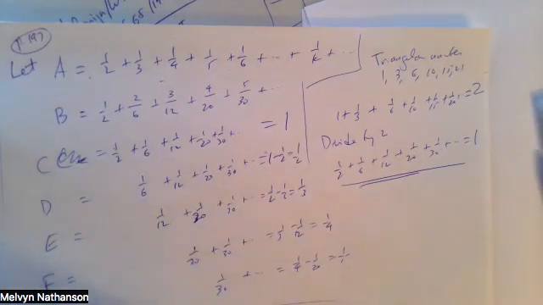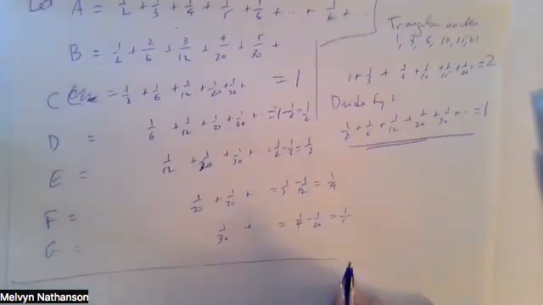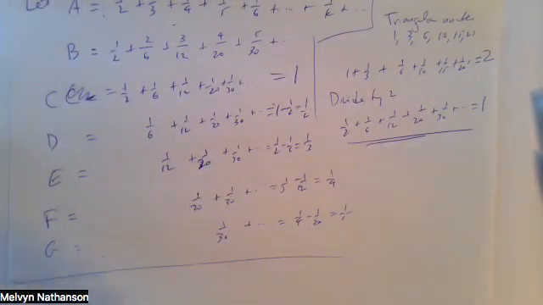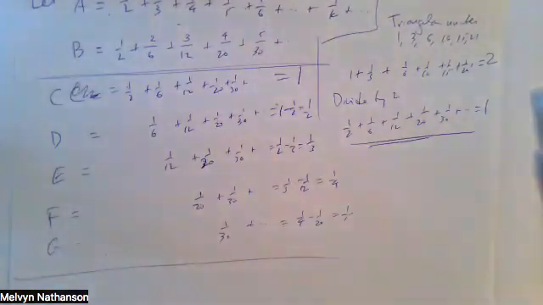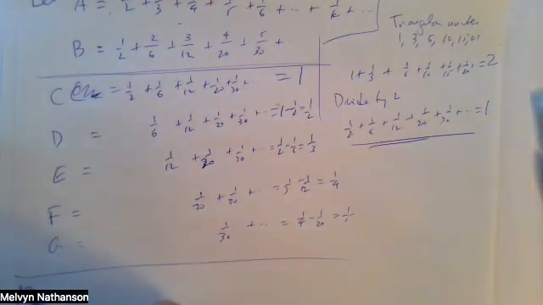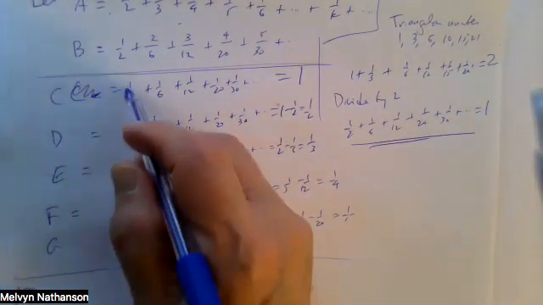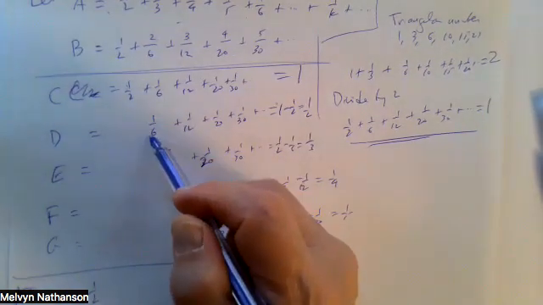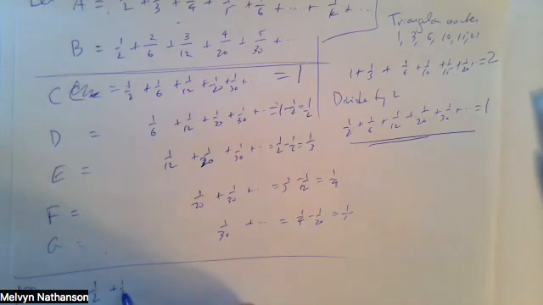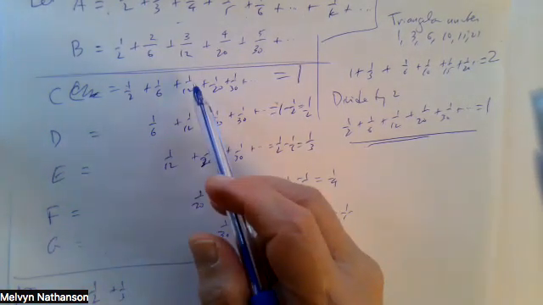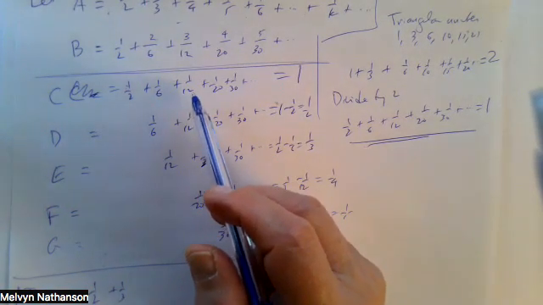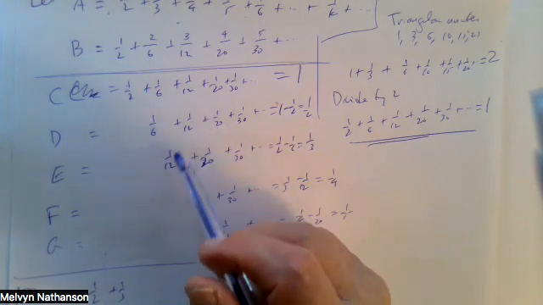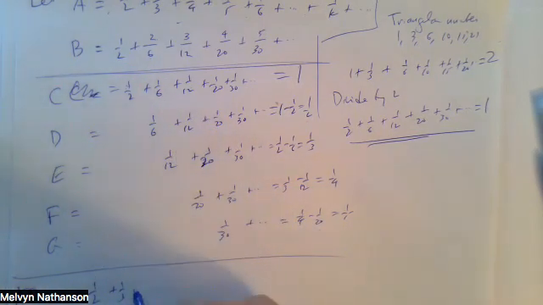And now, I do this infinitely often, and add these equations. I get a half. I have a sixth plus a sixth, which is a third, a 12th plus a 12th plus a 12th. That's 3/12.